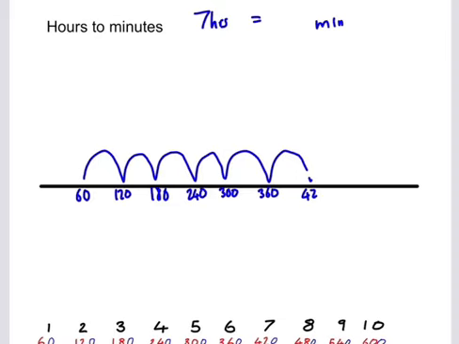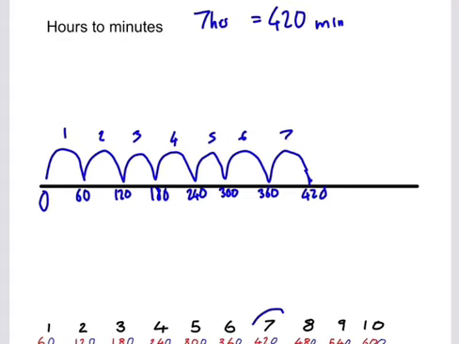Time starts at 0, doesn't it? Duh. There we go, 420, that makes sense. So, 7 hours are 420 minutes. I could have just read that from down there.